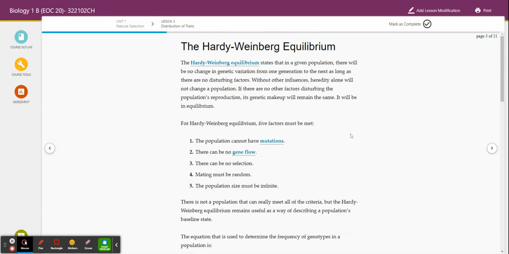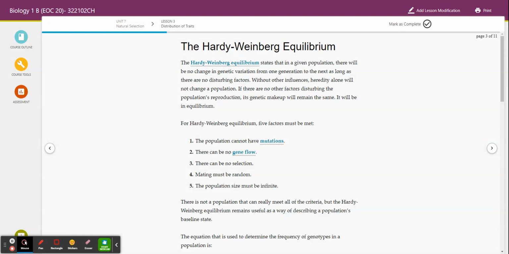The Hardy-Weinberg equilibrium states that in a given population there will be no change in genetic variation from one generation to the next as long as there are no disturbing factors. Without other influences, heredity alone will not change a population. If there are no other factors disturbing the population's reproduction, its genetic makeup will remain the same. It will be in equilibrium.